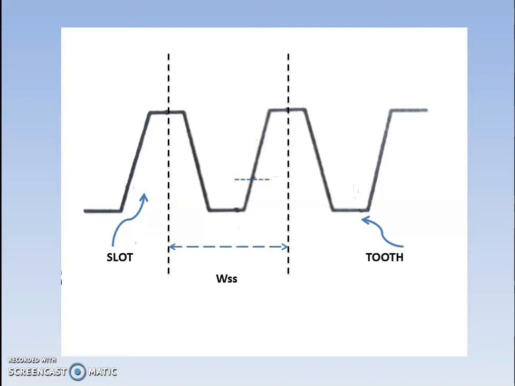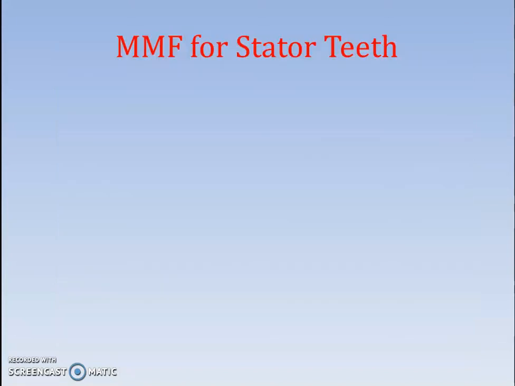From the narrow end we take two different heights, one at the two-thirds condition and one at the one-third condition. From this diagram, we can easily calculate the flux density at one-third height from the narrow end. To calculate flux density, we require the width of the teeth at one-third height from the narrow end.